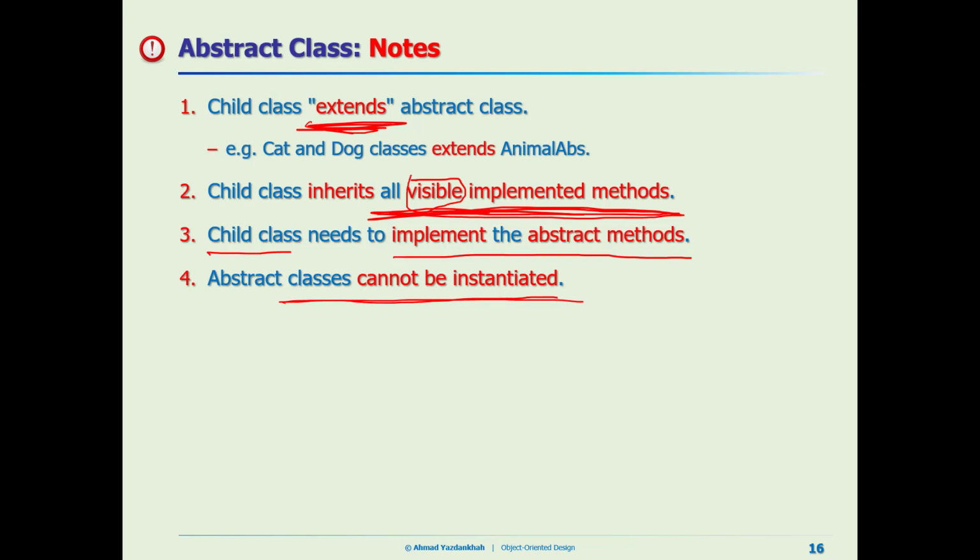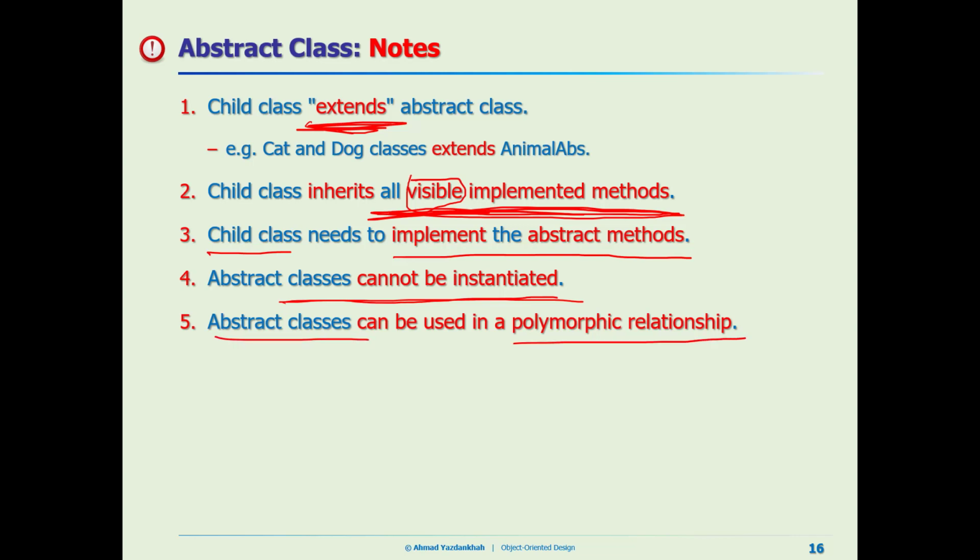Also, you can use the abstract class in a polymorphic relationship. On the left side, you can have an abstract class, and on the right side, you can instantiate a regular class.